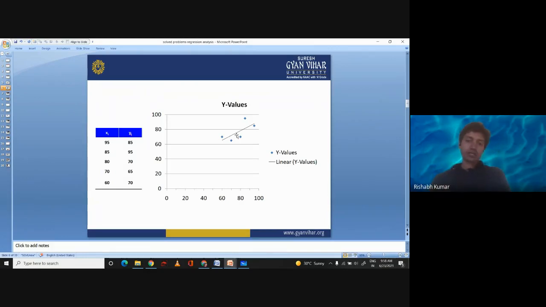I have represented that this is the line of best fit, but how do we get to this line of best fit? This line must have some specific intercept, right? What would be its intercept?